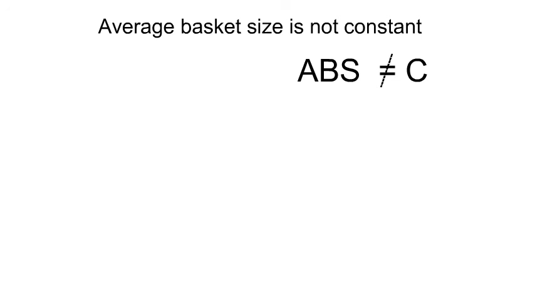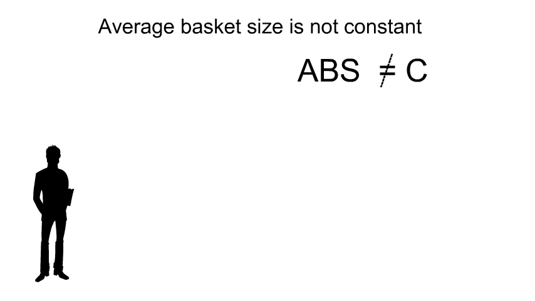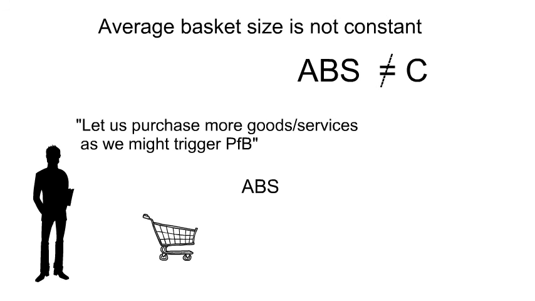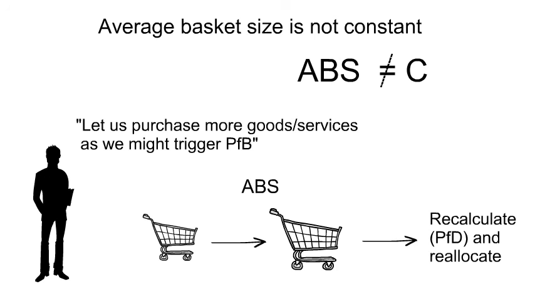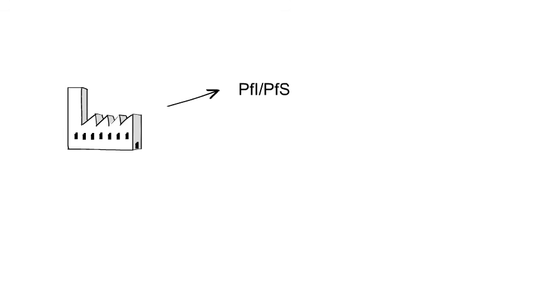Therefore, when PfB users change their purchasing behavior, changing average basket size, PFD and allocations would need to be recomputed if CP was to stay unchanged. A particular business may employ either PFI, PFS states alone, or PfB alone, or a business may choose to employ both at the same time.